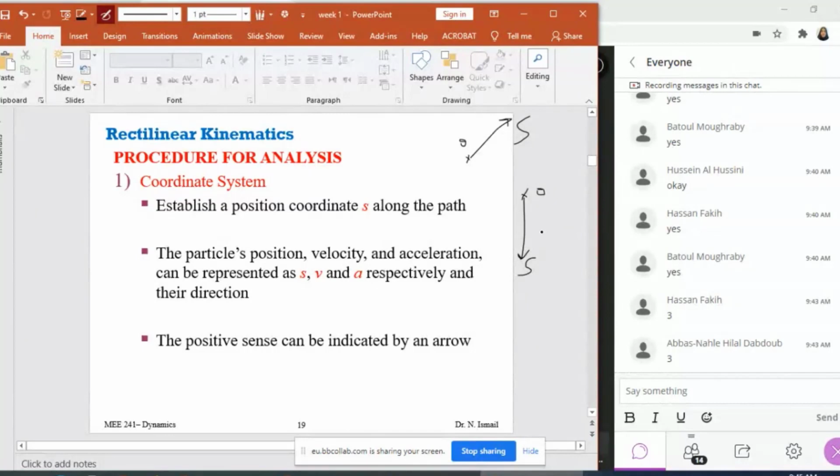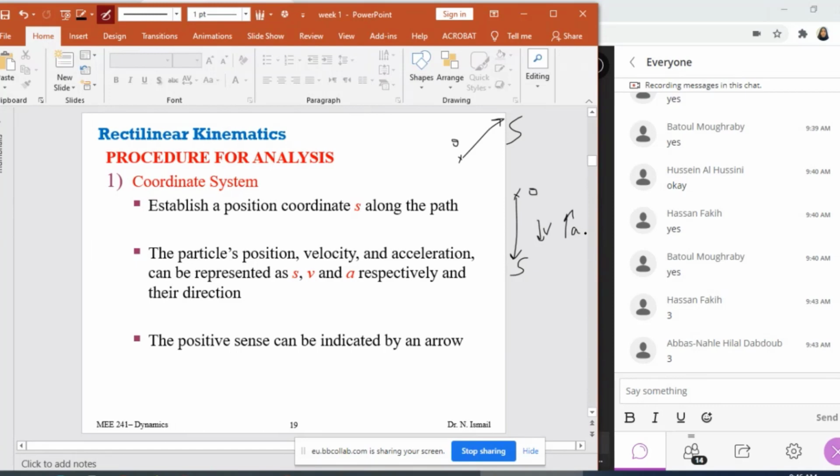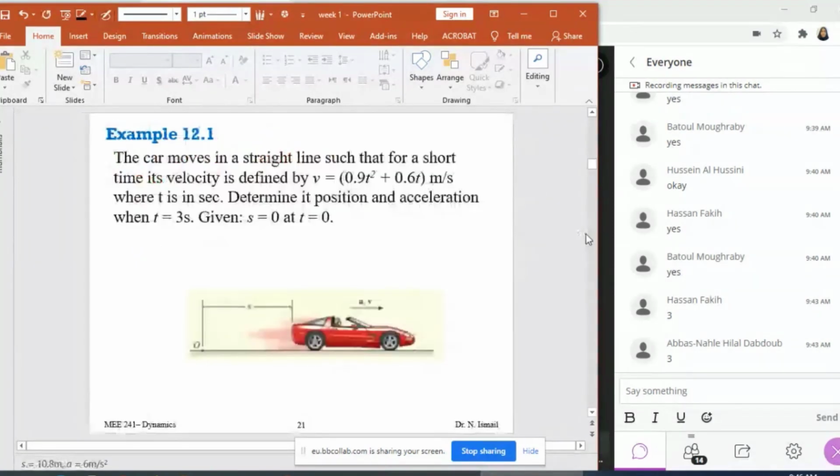Then if V is positive, then V should have this direction. If A is positive, then A should have this direction. If the motion is decelerated, A will be in the opposite direction. All right? So guys, make sure that you indicate in the first place what is your positive direction. Let's now start with this problem. It is example 12.1. Guys, ready?